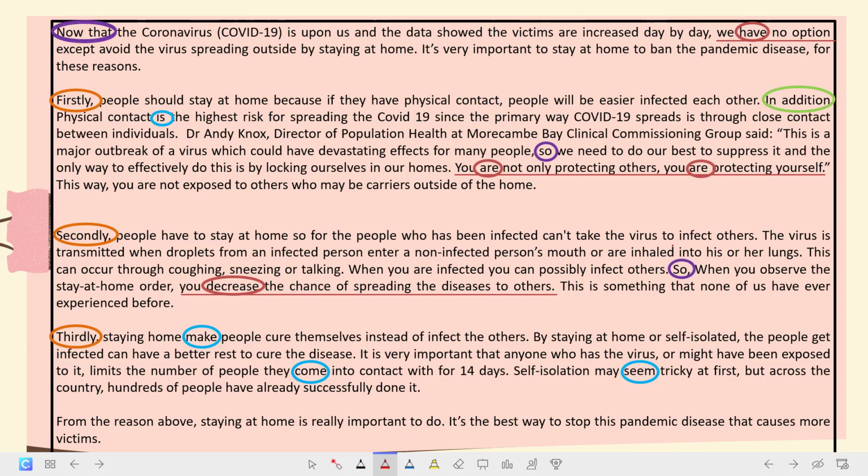Then we also have so, it's a part of cause and effect. This is the cause, and this is the effect, so. And the last, we have this: the internal conjunction of comparison, but. Okay, these are the language features used in analytical exposition.